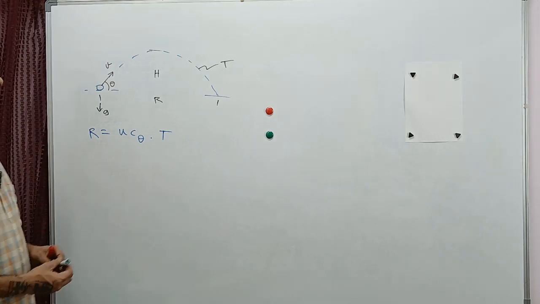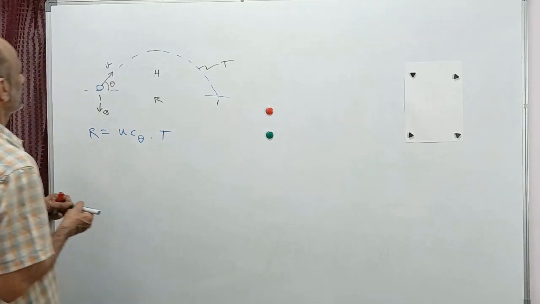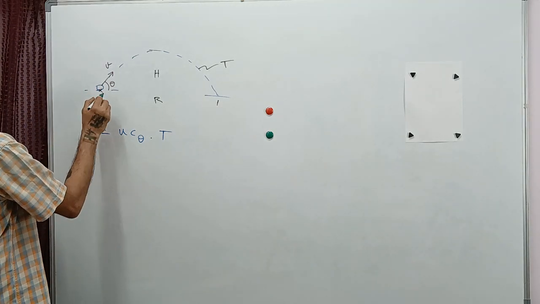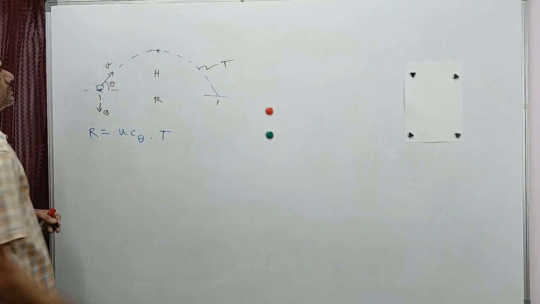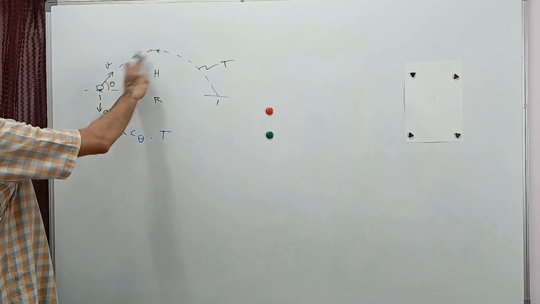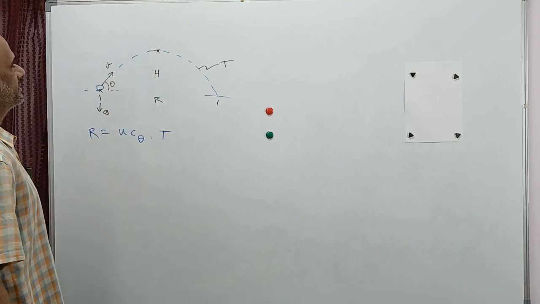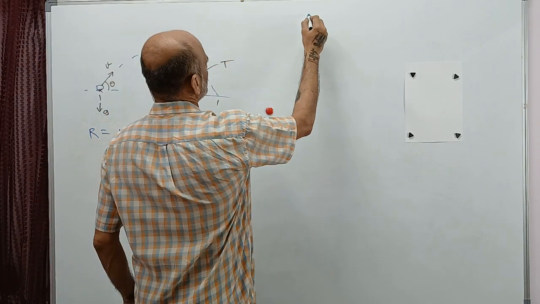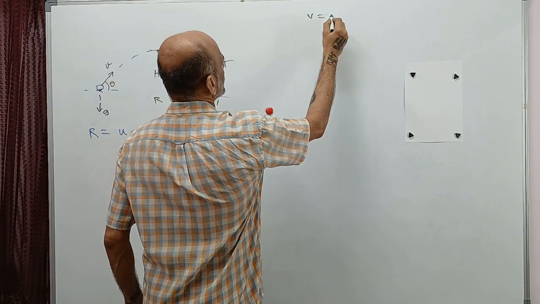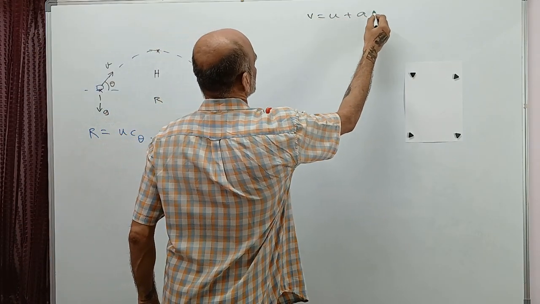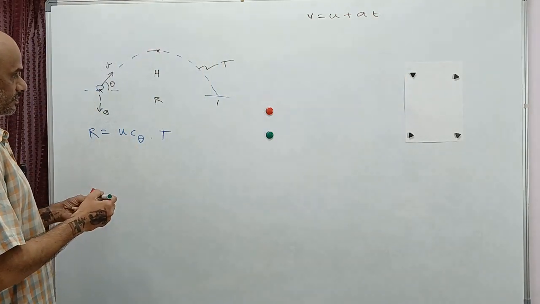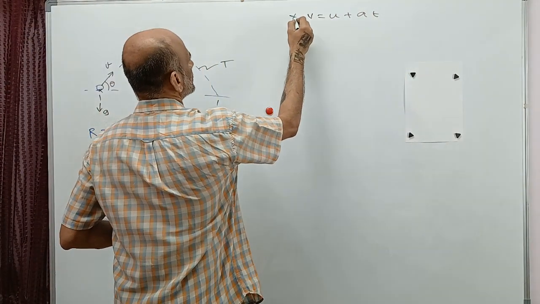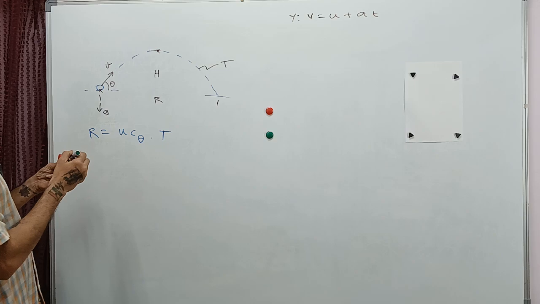To get the flight time, we'll use the vertical motion and take these 2 points, ground and the maximum height point. So the time it takes to go from here to here is half the flight time by symmetry. It's T by 2. So writing v equal to u plus at in the vertical direction between these 2 points.